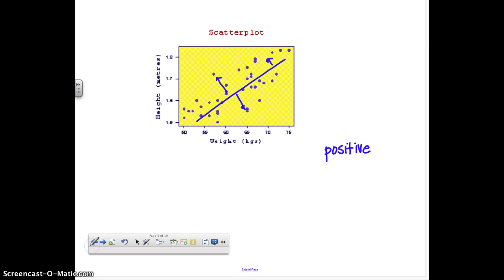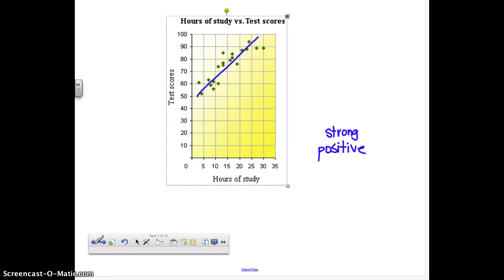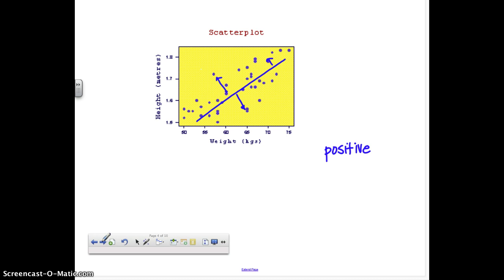This one before was strong. It was all pretty much right on top of the line. The line kind of really represented those data points well. Now, when we look at this height versus weight one, we're slowly branching off the line. Everything's kind of gathered around it, but it's more of a weak positive.